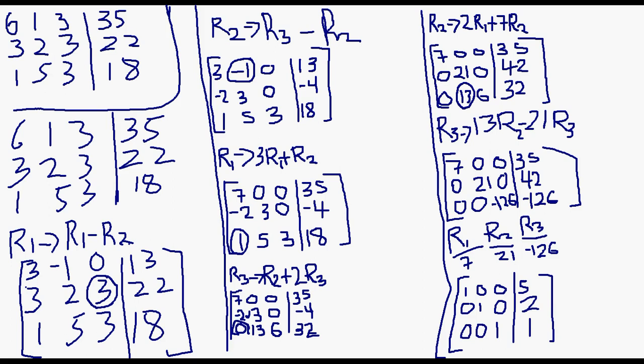So it will be 13 times 42 minus 21 times 32.